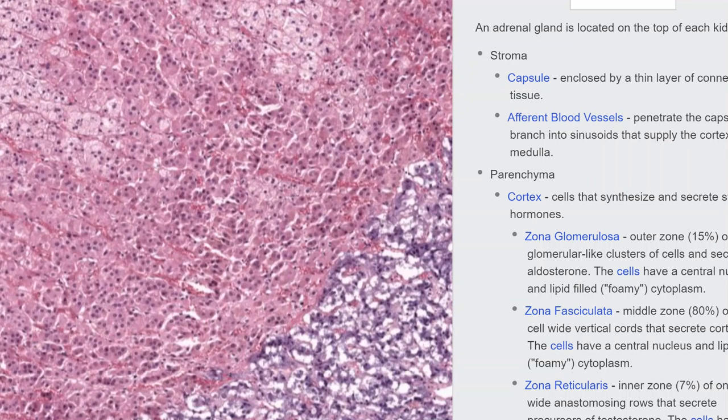And now we're going to zoom in on the innermost layer of the cortex, the Zona Reticularis. And so I'm just going to draw the boundary with the medulla. So this is the medulla, and we are looking for kind of these darker cells right there, and it's a little bit branchy, so you can see these little white spaces of sinusoids going through the reticularis.